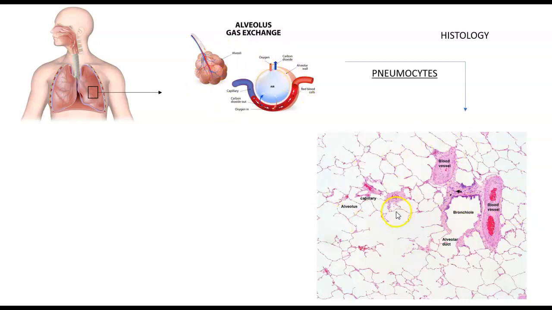Now, on the border of any one of these circles, we have a few cells you should know. Type 1 cells, which are your nourishing cells, and type 2 cells, which are very important because they produce surfactant, whose primary job is to decrease surface tension.